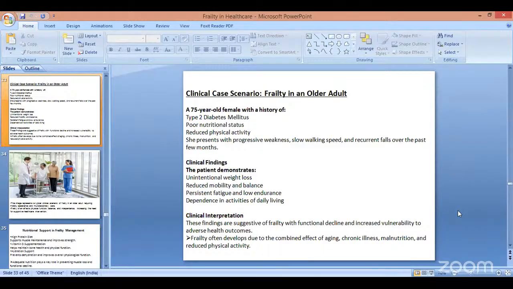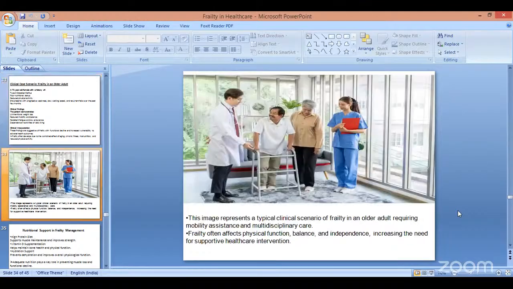Unintentional weight loss, reduced mobility and balance, persistent fatigue and low endurance, and dependence in activities of daily living. Clinical interpretation: these findings are suggestive of frailty with functional decline and increased vulnerability to adverse health outcomes. Frailty often develops due to the combined effect of aging, chronic illness, malnutrition, and reduced physical activity.